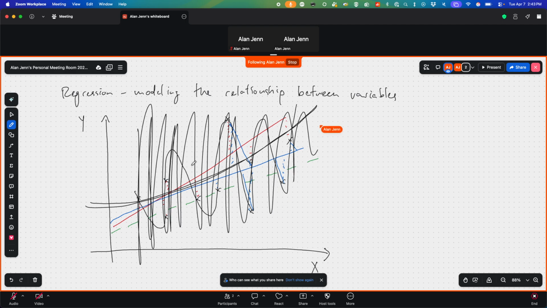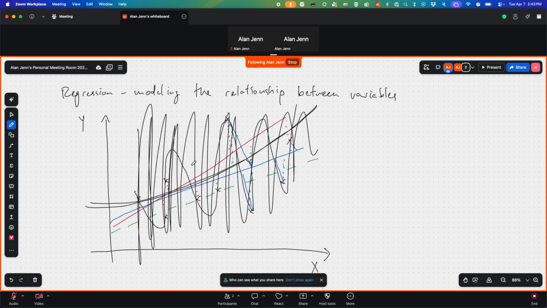If you look at my black line relative to the colored lines that you drew, by the criteria with which we determined the best fit, my line technically would do much better.